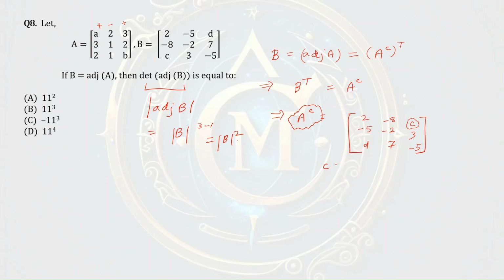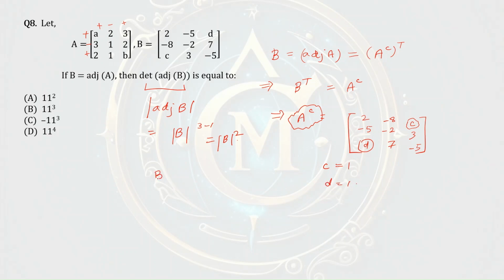So that means C is equal to 1. And for this unknown D, this D is the cofactor of this element. So here also the sign scheme is plus minus plus, so here the cofactor of 2 will be plus 1 times 4 minus 3, so also 1. So D is also 1.